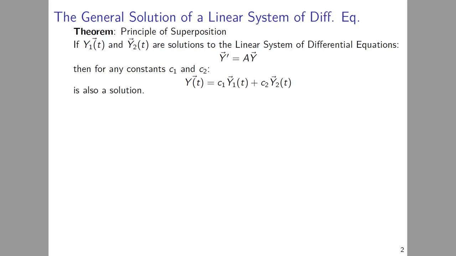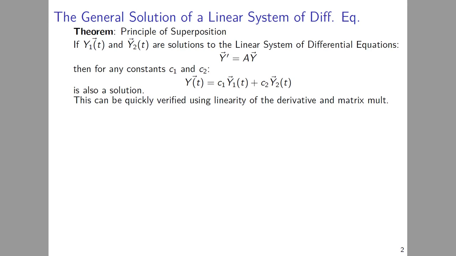That is, any linear combination of solutions gives another solution. This can be quickly verified using the linearity of the derivative and matrix multiplication, though we won't do that in this video.